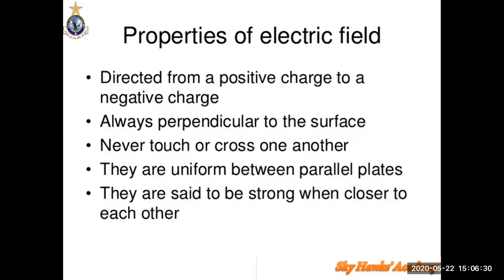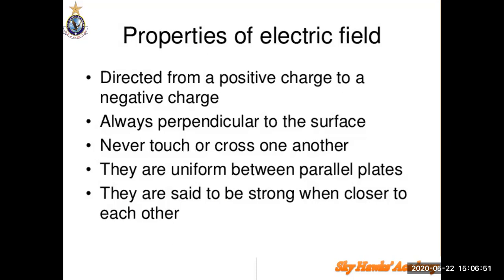If you can read this: properties of electric field. It is directed from a positive charge to a negative charge, always perpendicular to the surface, and never touches or crosses another. Field lines are uniform between parallel plates. They are said to be strong when closer to each other. So these are the properties of the electric field.